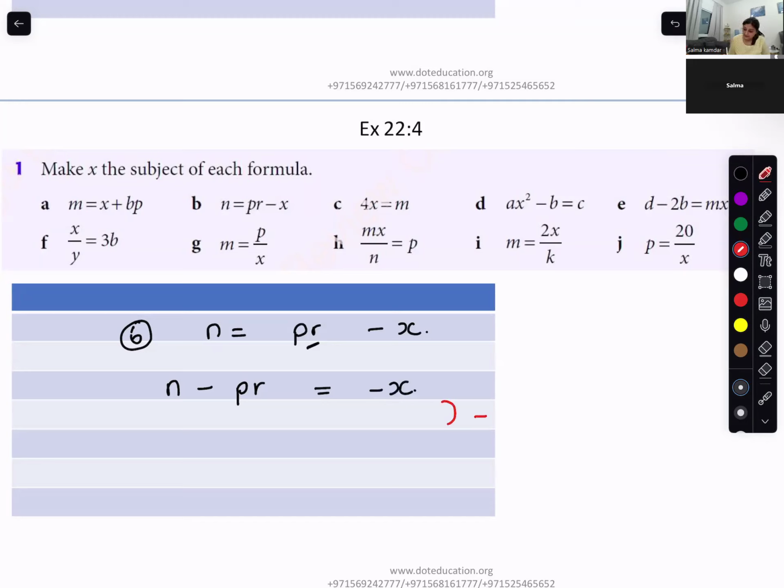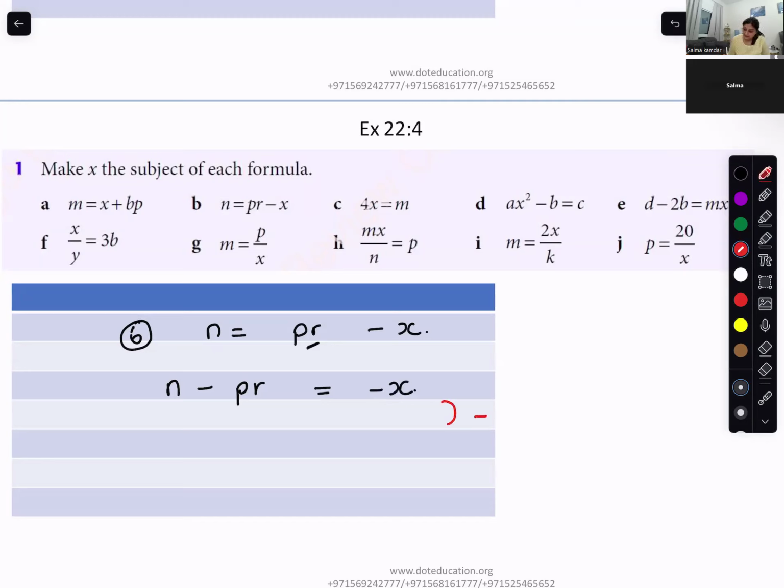E, you have to make x the subject. So you will minus c from both the places. What you're going to be left with is d minus 2b minus c is equal to mx. Then you're going to divide by m at both the places.